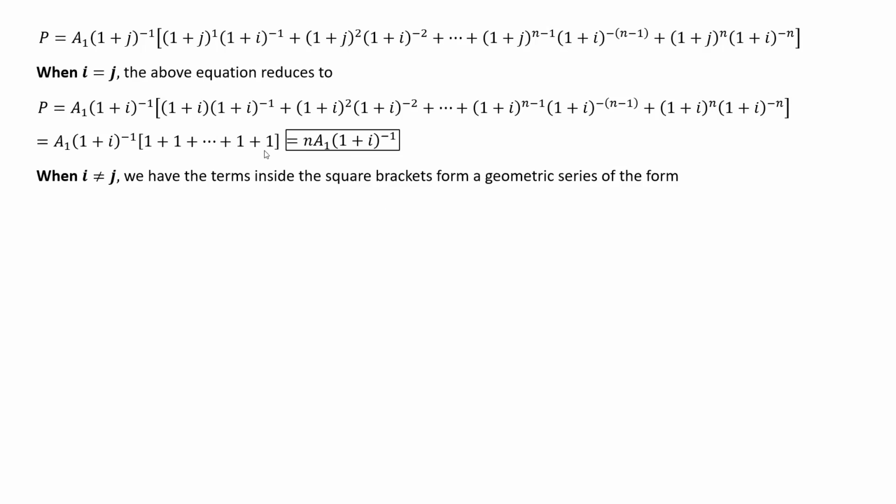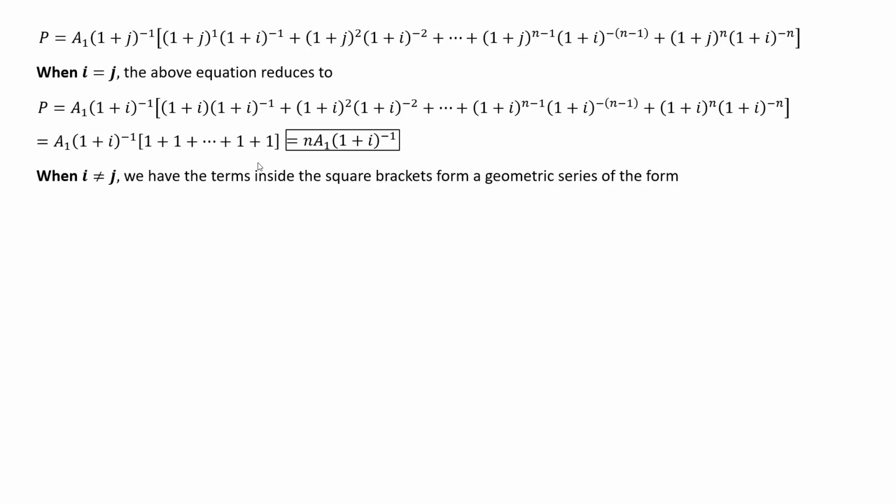When i is not equal to j, then what is the situation? Well, the stuff inside is a geometric series, clearly, because you have this and this one. This is (1 + j) to the 1 times (1 + i) to the negative 1, and this is (1 + j) the quantity squared times (1 + i) raised to negative 2. So each time we are multiplying by (1 + j) times (1 + i) to the negative 1.